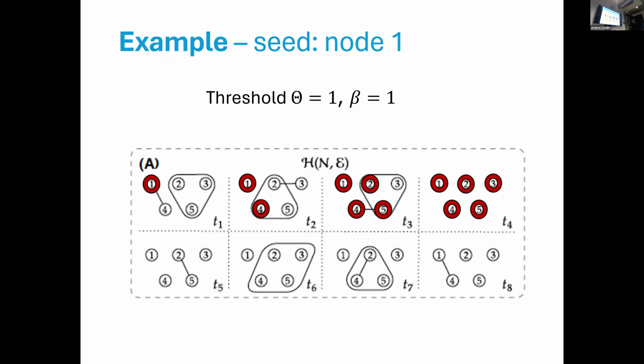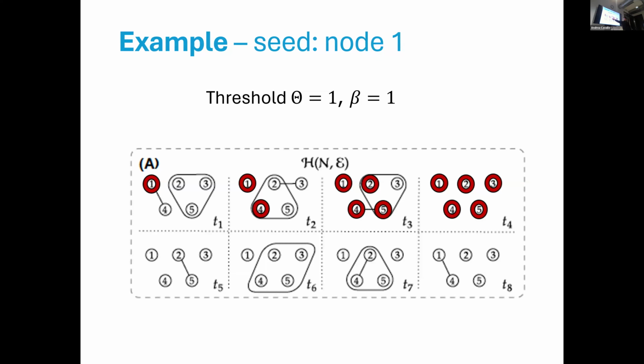Let's look at a simple example. We use node 1 as the only seed node, and we set the threshold to 1 and beta, the infection probability, to 1, so it's a deterministic case. At t0, node 1 is infected. At the first timestamp t1, node 1 has a contact with node 4, so at t2, node 4 is infected.